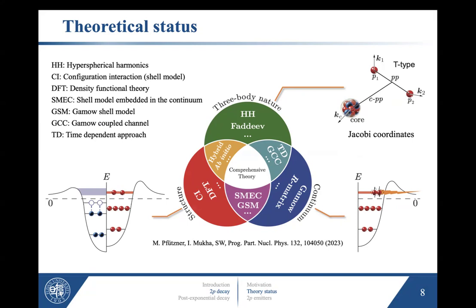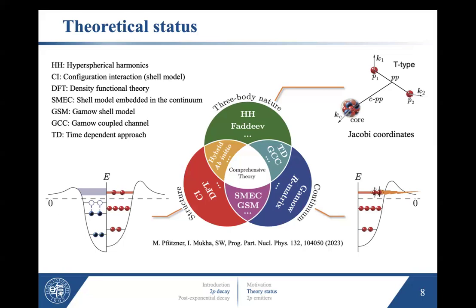And last but not least, this two-proton emission is also a three-body decay. So we need to take care of the three-body or few-body nature of the systems. And of course, there are many approaches on the market, but most of them are focused on one or two aspects.